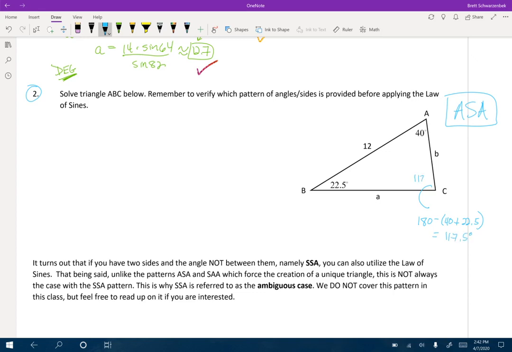So, even though we had to do a tiny bit of work in the beginning, we now have an angle and the side opposite it. So again, our key value is C over sine C, which is going to be 12 over the sine of 117.5. We're likely going to be using this twice in order to find our missing pieces, so I'll put a cloud around it again.